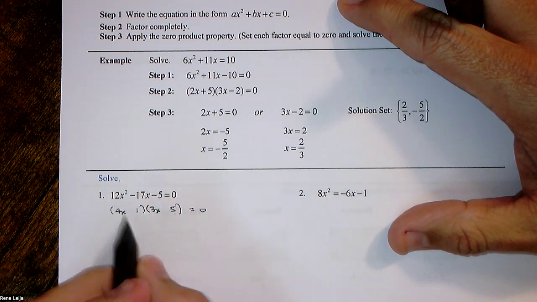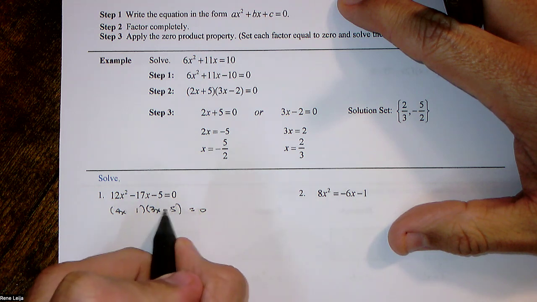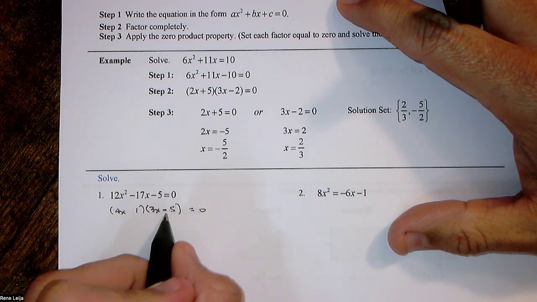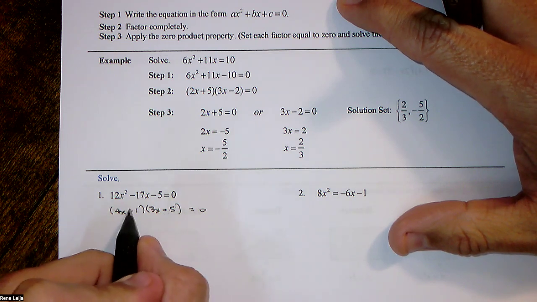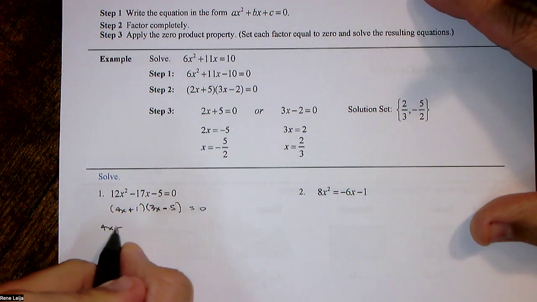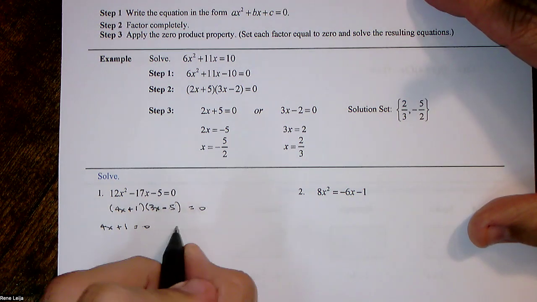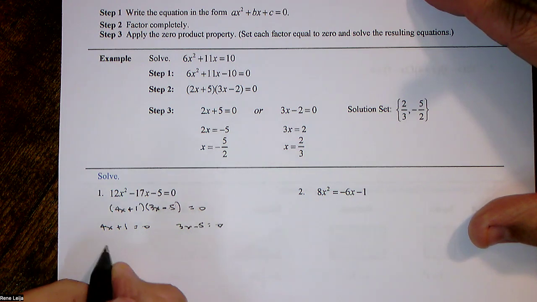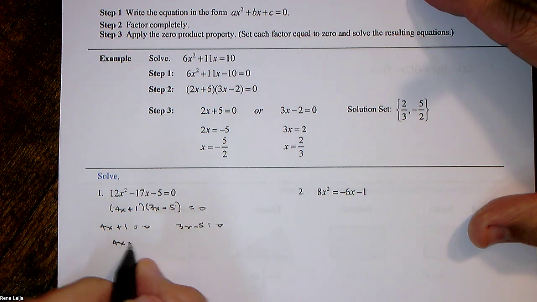Well, that would mean that the 20 would have to be negative, and this is where you get the 20 from, so that's why the negative goes there, and then this would have to be positive. So then you set each factor equal to 0, and then solve.